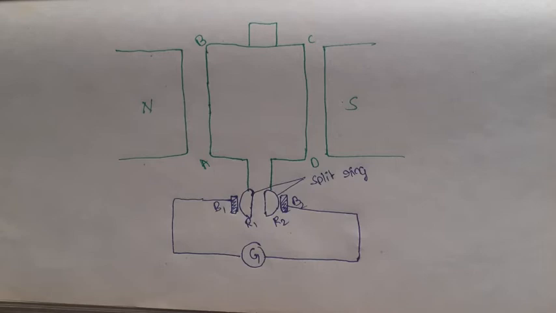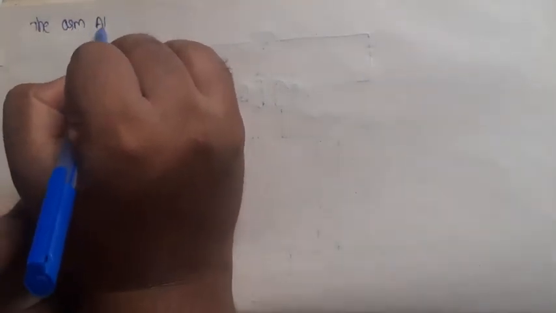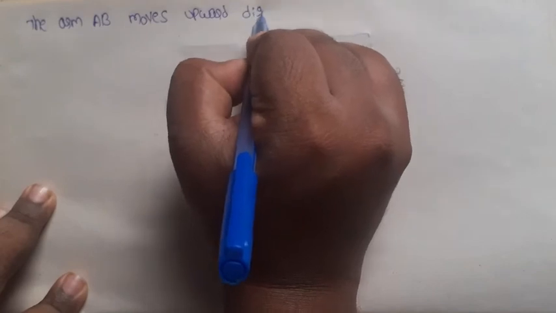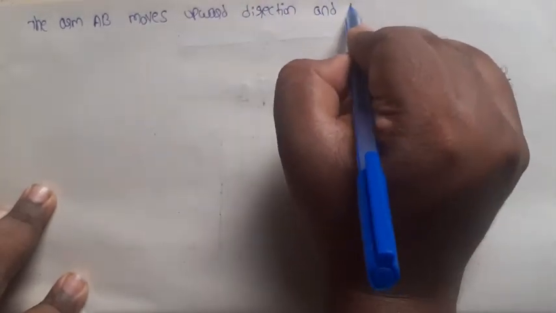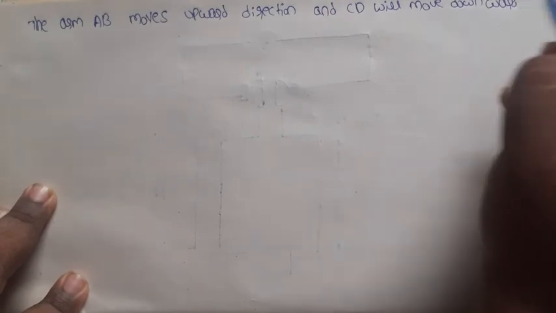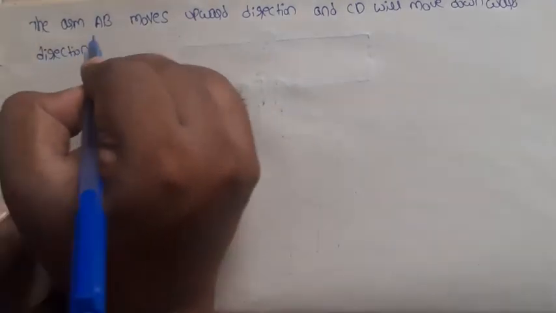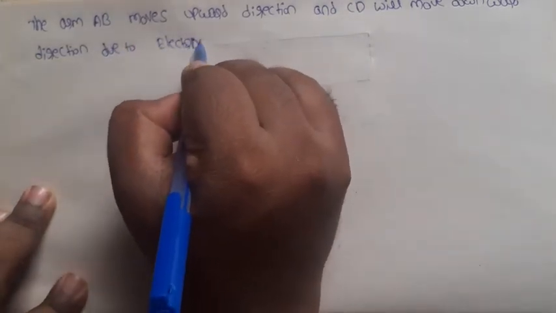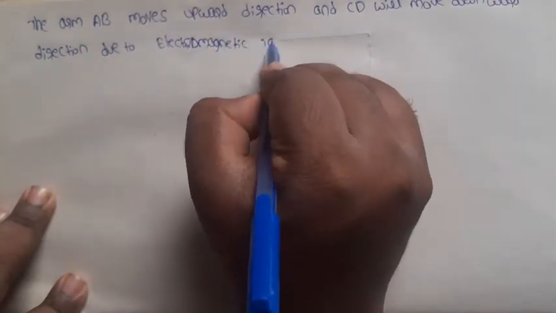When the coil starts rotating, the arm AB moves in upward direction and the arm CD moves in downward direction due to electromagnetic induction.